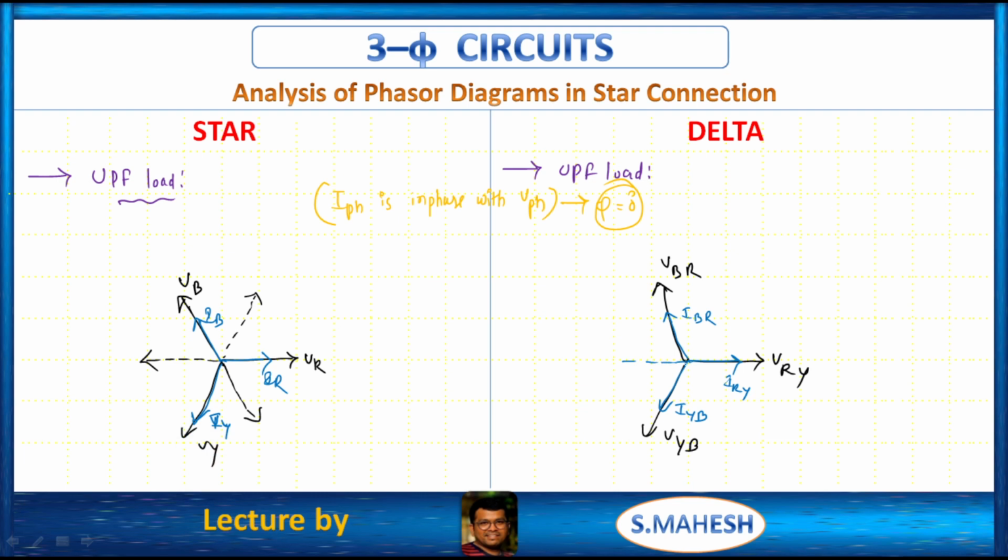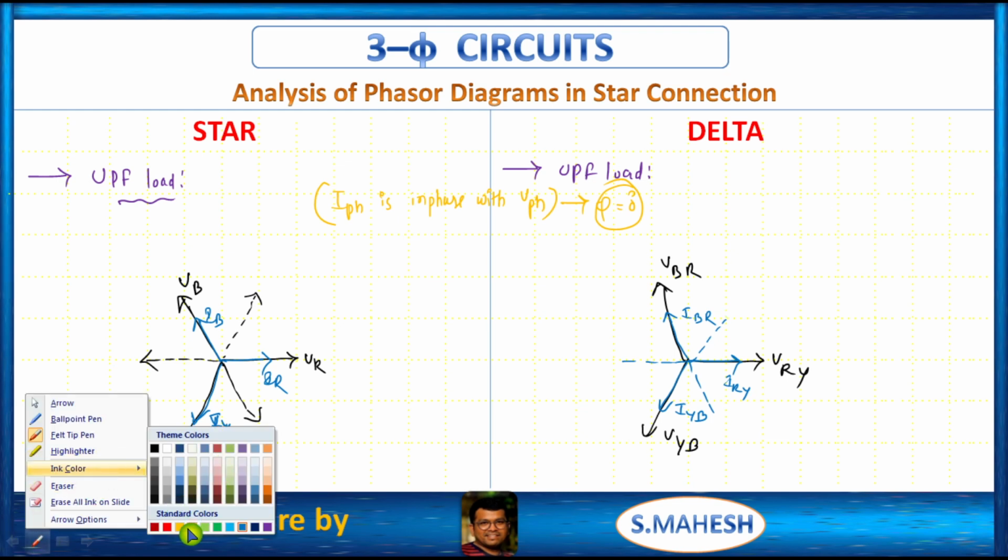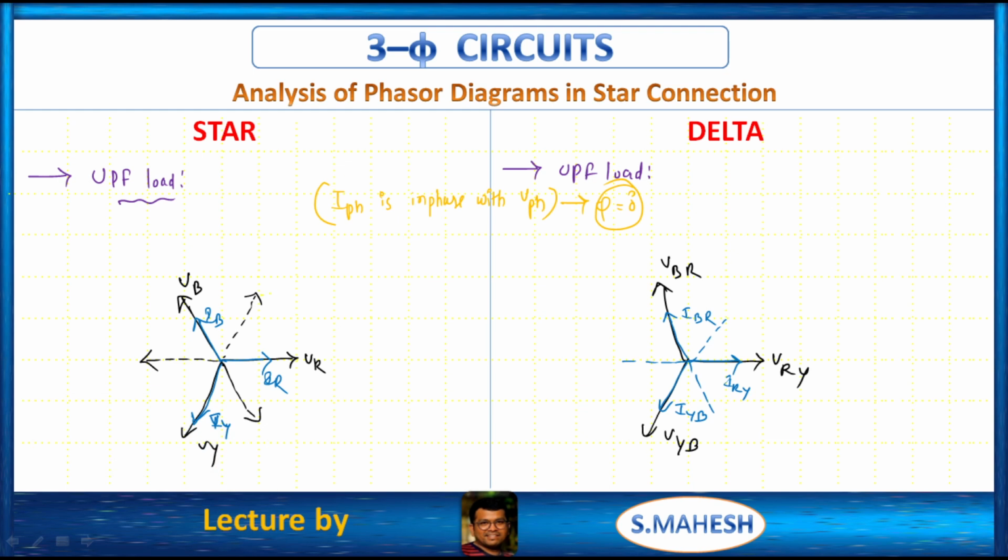Okay, these are negative projections of these currents. Then like that, between these two, so like that in this case also. Next one is what?